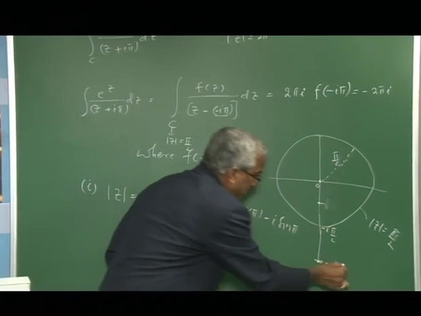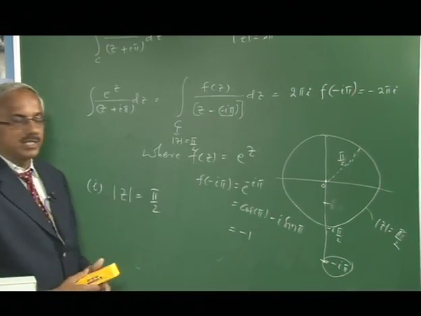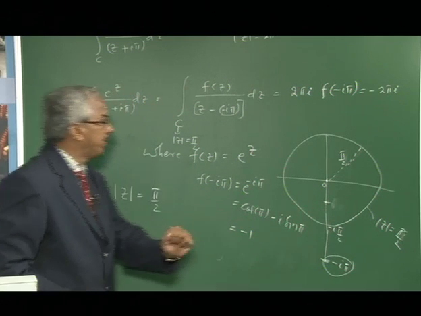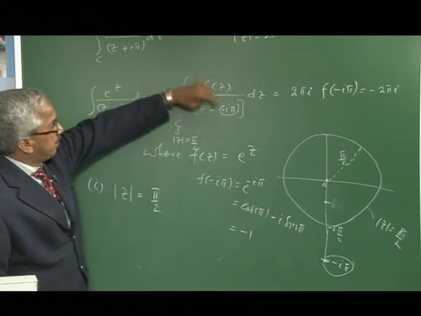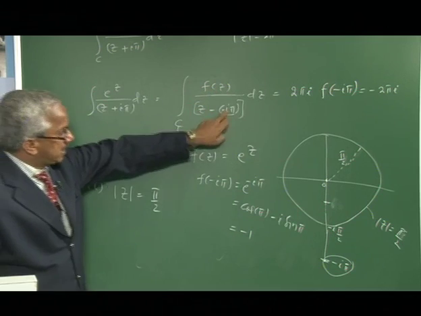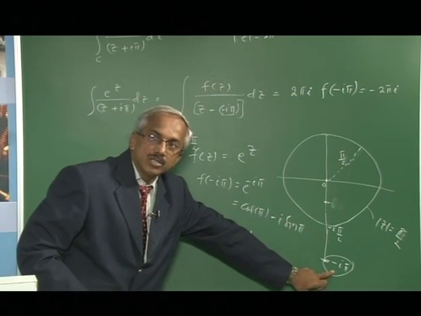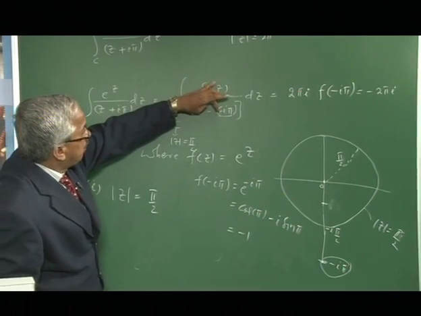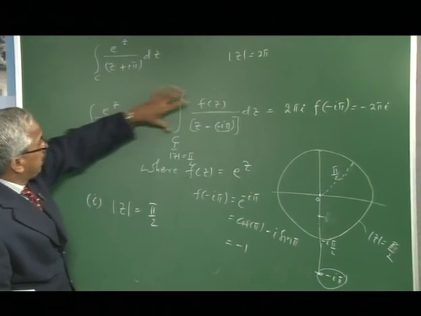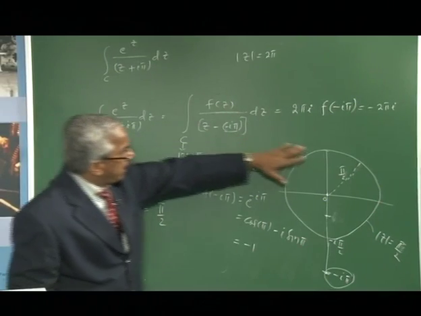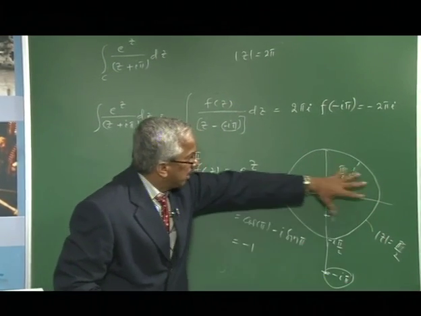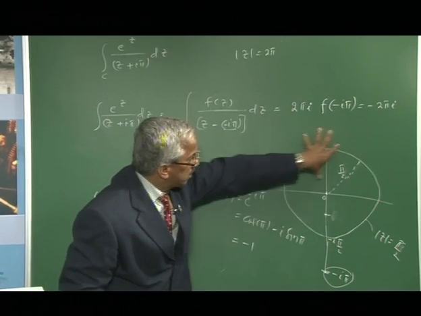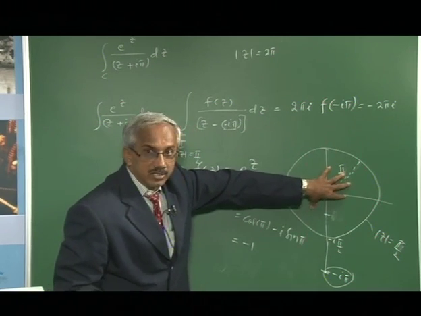Observe that this is a point which lies outside the circle mod z is equal to pi by 2. So the point minus i pi lies outside the circle mod z is equal to pi by 2, and f of z divided by z minus of minus i pi is analytic at all points on the circle and inside the circle.